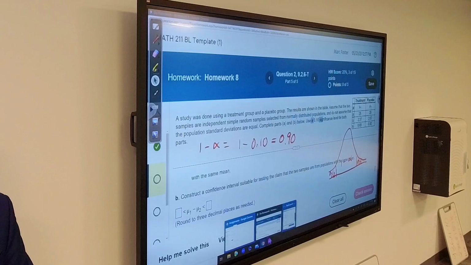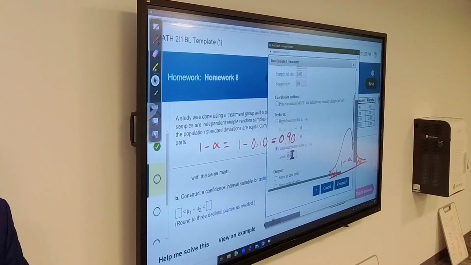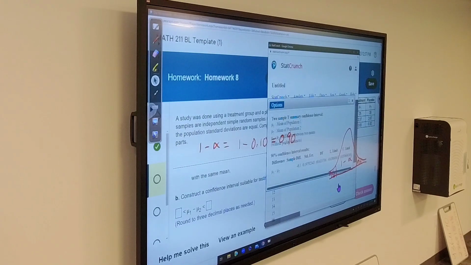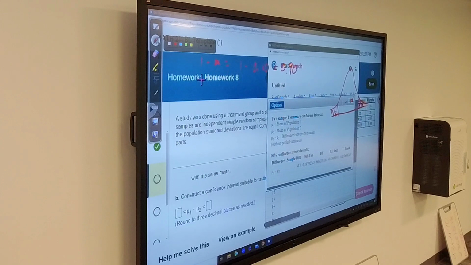All right, then I'm ready to do my confidence interval at this confidence level. And I get my lower limit and my upper limit.